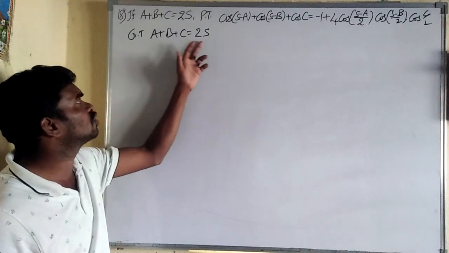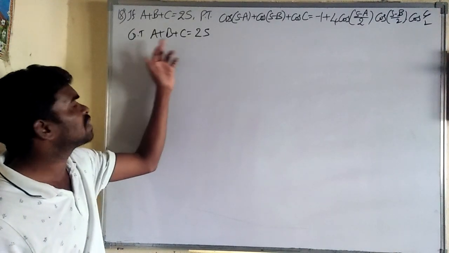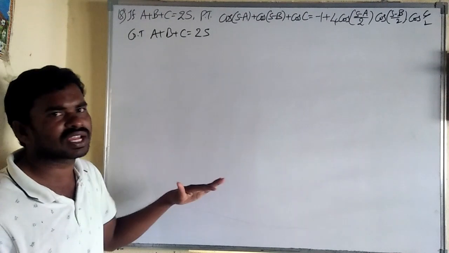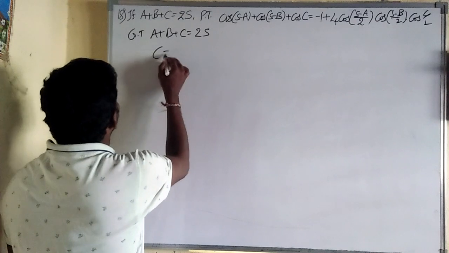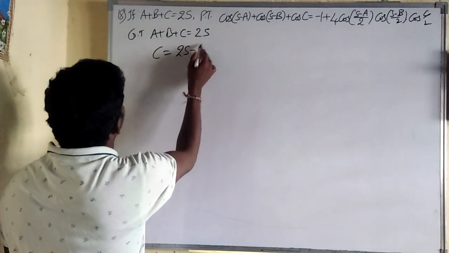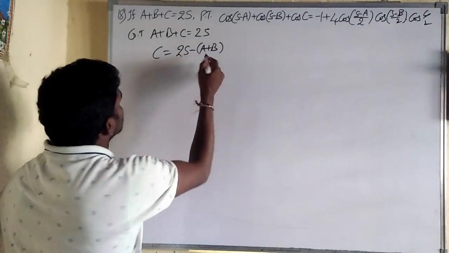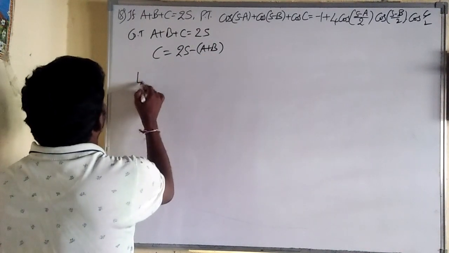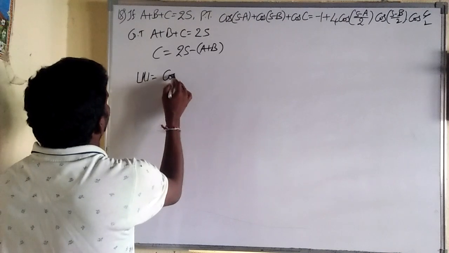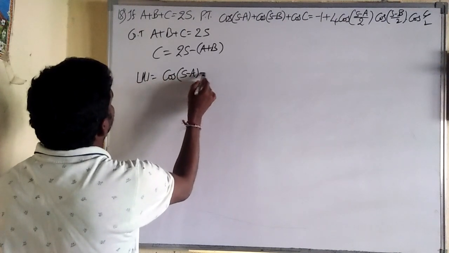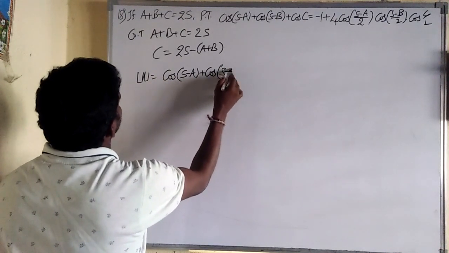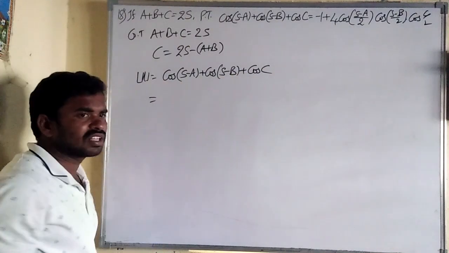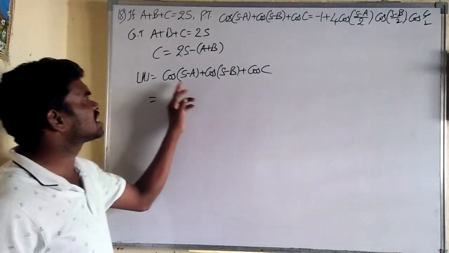That is, a plus b equal to 2s minus c, a plus c is equal to 2s minus b, and b plus c is equal to 2s minus a. Here I am writing c is equal to 2s minus (a plus b). The remaining terms we can also write, but no need. Now take the left hand side, that is cos (s minus a) plus cos (s minus b) plus cos c. Observe the first two terms are in the form of cos c plus cos d.